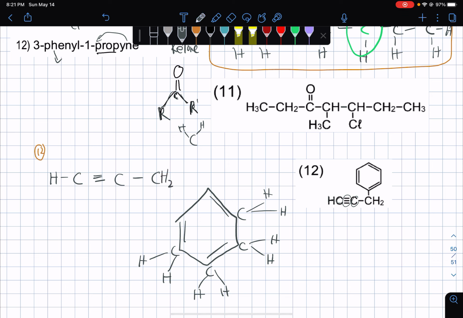There's supposed to be CH2 here, and then it's connected this way. Okay, I think that's it.